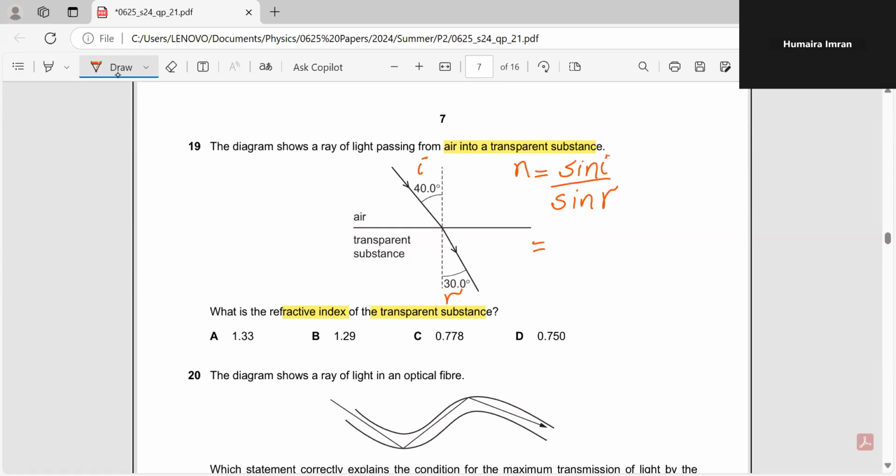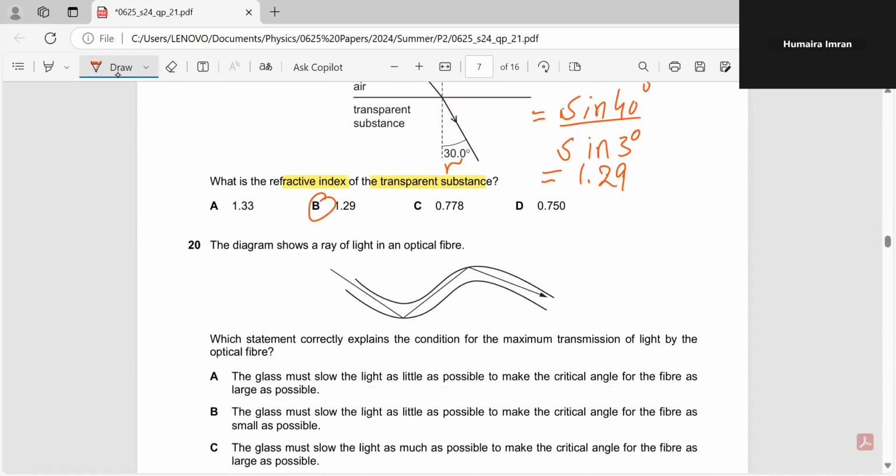So when we solve it, sine 40 degrees over sine 30 degrees, your answer will be 1.29, and that is option B. So it's a very simple and easy question.